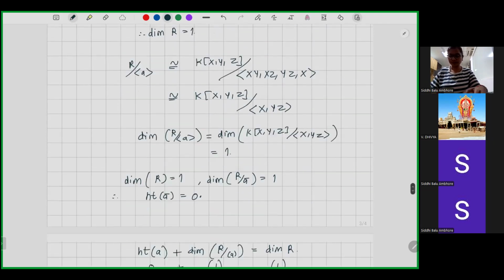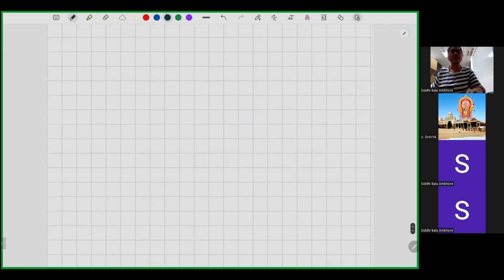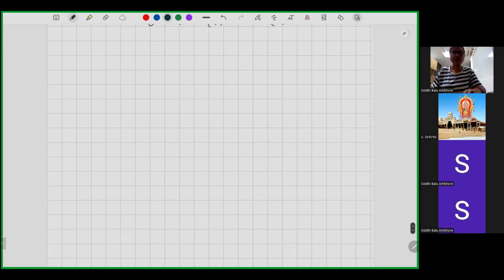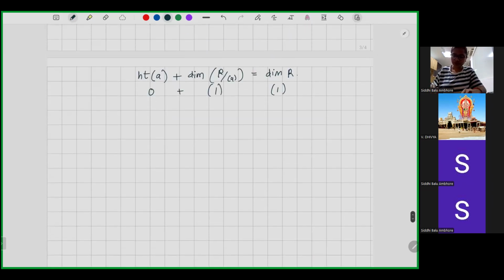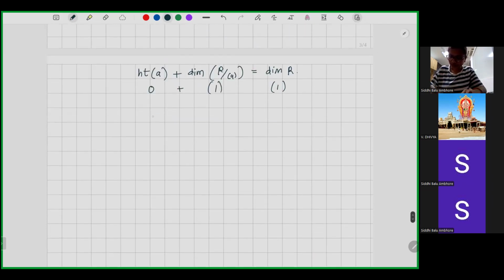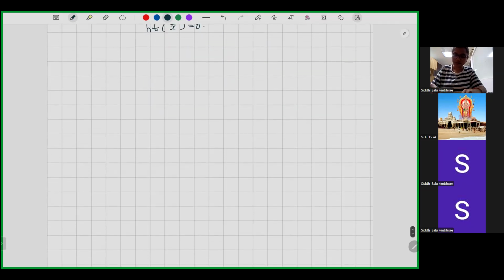Okay. So this was it. This A was my x, so height of x bar is 0 here. So let us move now to the second question.